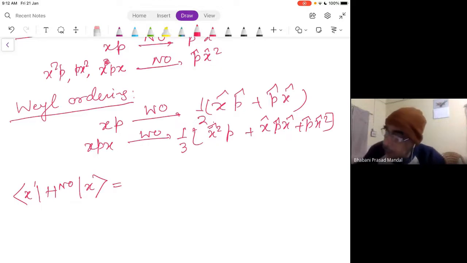So I can insert this equation. I can write this as x prime, and I want to insert the completeness relation in the momentum basis.